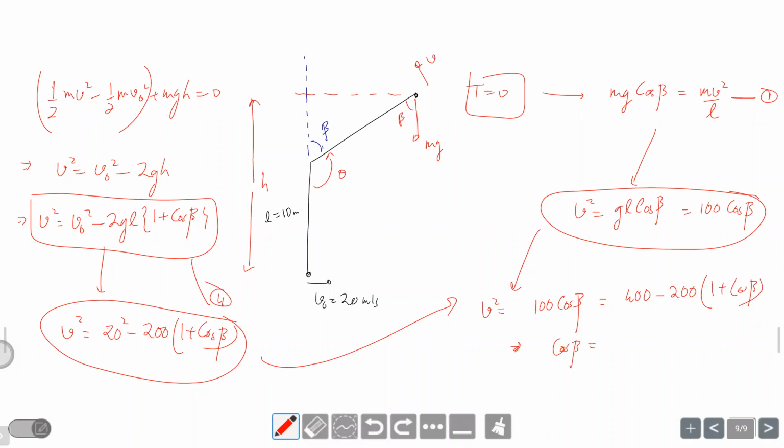Cos beta is equal to 4 minus 2 into 1 plus cos beta. From that, 3 cos beta is equal to 4 minus 2, or 2. So beta is cos inverse 2/3.